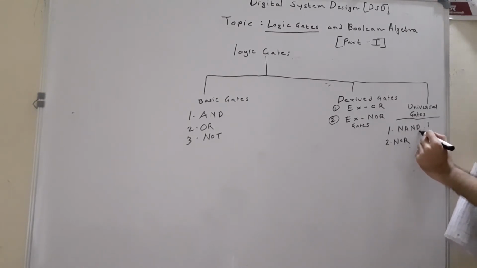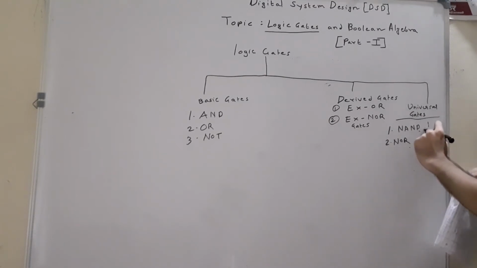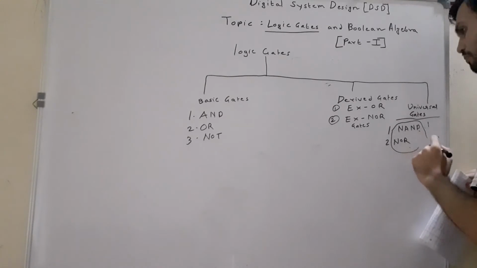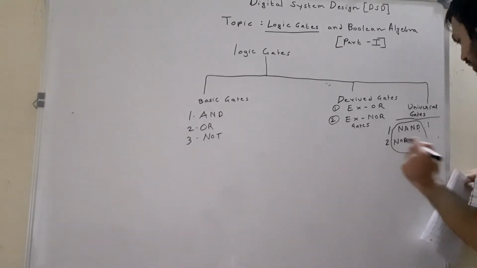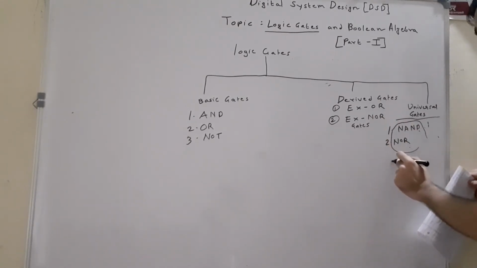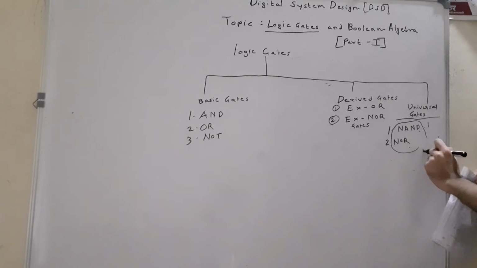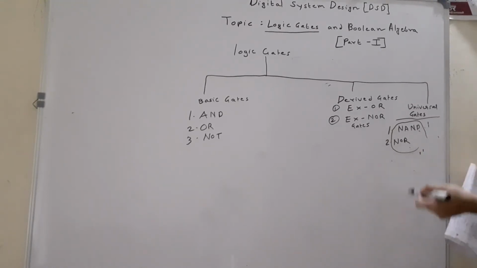Whenever you are using NAND and NOR gates, you need not use any other gates. You can implement NOT gate using NAND gate or NOR gate, OR gate using NAND gate or NOR gate, and derived gates also you can implement using NAND and NOR. So any expression given, you can realize it physically or practically using NAND and NOR gates. That's the reason we say that they are universal gates.